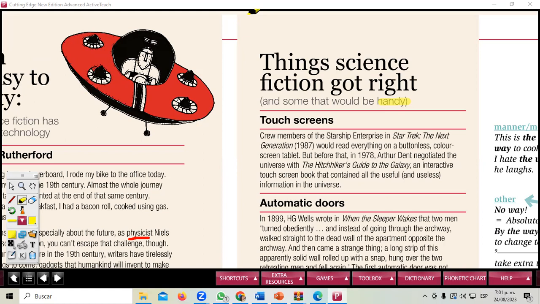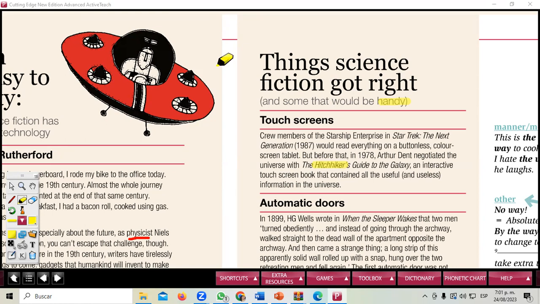Okay, very good. I have a new word here that I didn't remember to put in. The Hitchhiker's Guide to the Galaxy. Do you have any idea what is a hitchhiker? No idea? Hitchhiker.